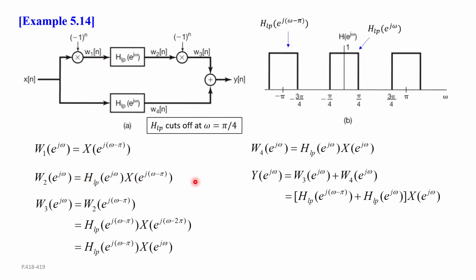So this function gets shifted by ω minus π on both of these ω's. The low pass filter of ω becomes a low pass filter on ω minus π, and the spectrum part goes from ω minus π to ω minus 2π. But the spectrum is a periodic function with period 2π, so you just get back to your original spectrum. But now you have your low pass filter shifted by a frequency of π.